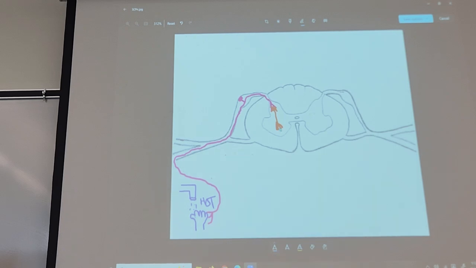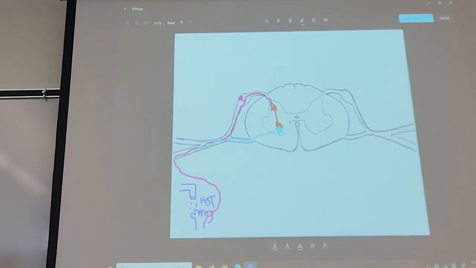Okay, so then the cell body of my motor neuron and dendrites are also going to be found in the anterior horn. And the axon then is going to extend into the ventral root. It's going to enter a what? Spinal nerve, and it's going to continue out the ventral ramus. Yep.